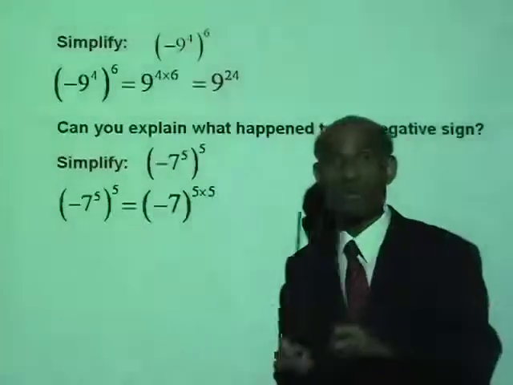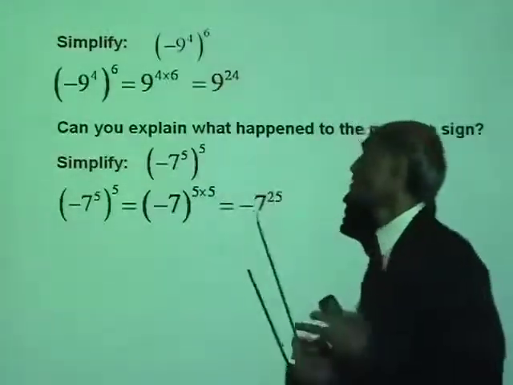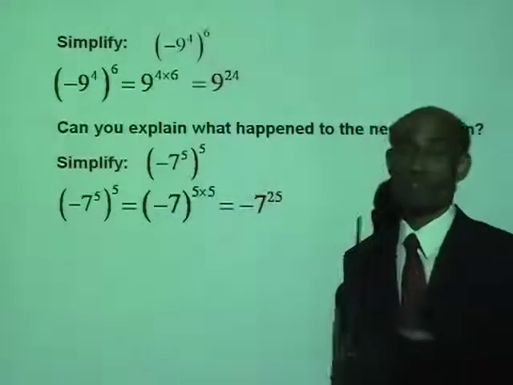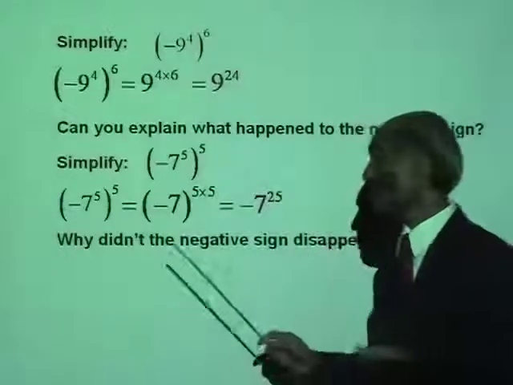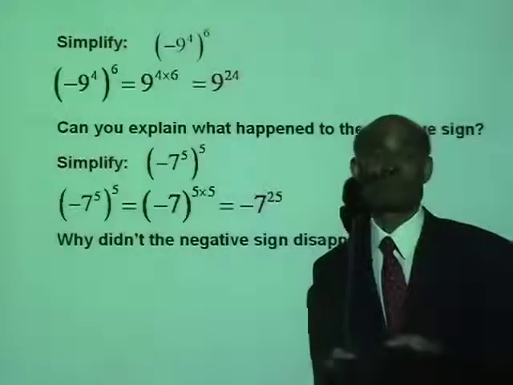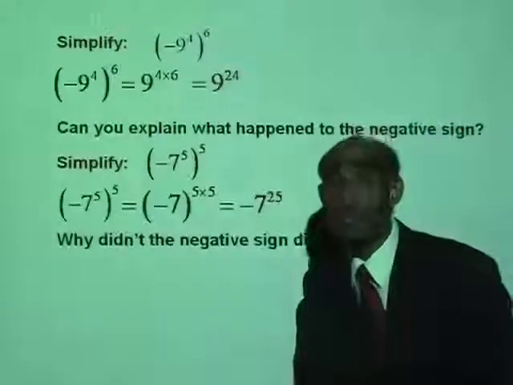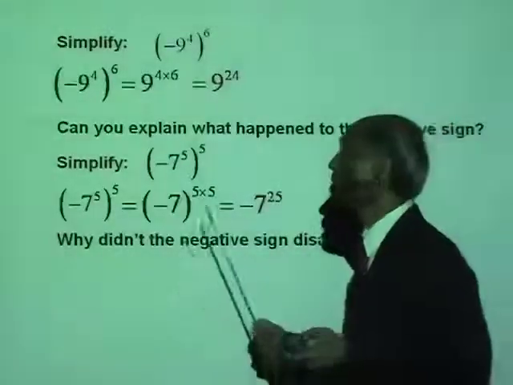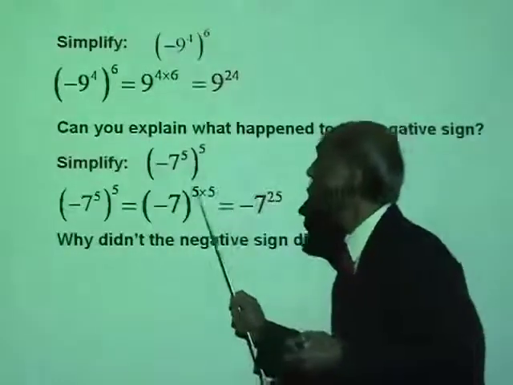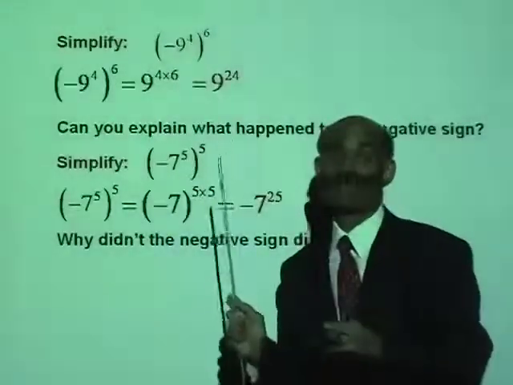The result will be negative, which is negative 7 to the power of 25. Why didn't the negative sign disappear this time? The negative sign did not disappear this time because the negative number is raised to an odd power.